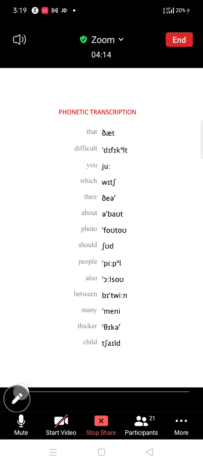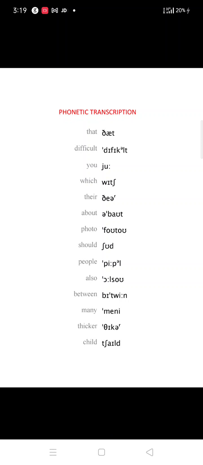Very simple. Start with the first stage. At first, you have to pronounce the word. For example, first "that." So you have to pronounce it at first. Then you have to write down the symbols.